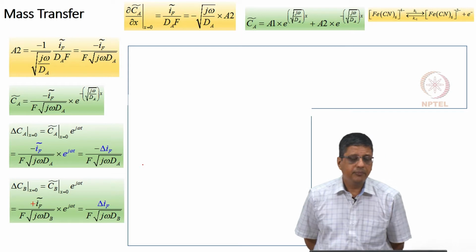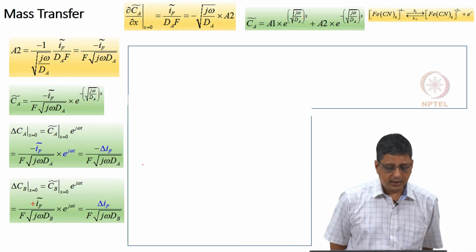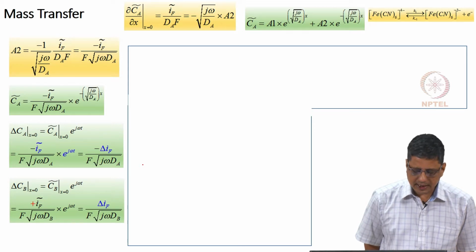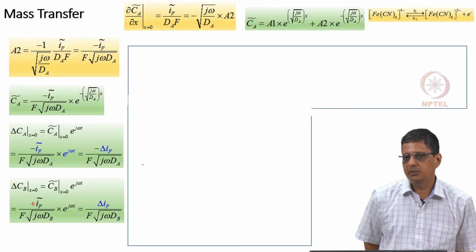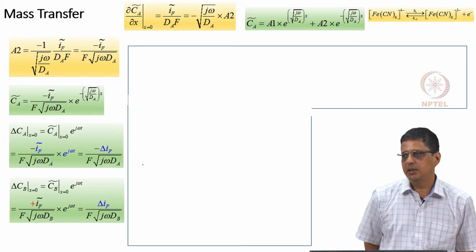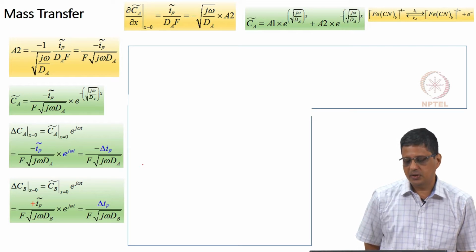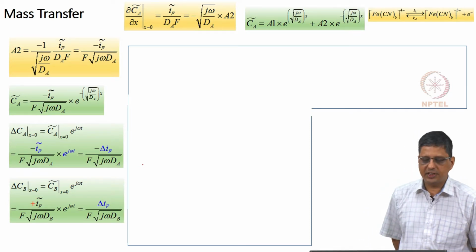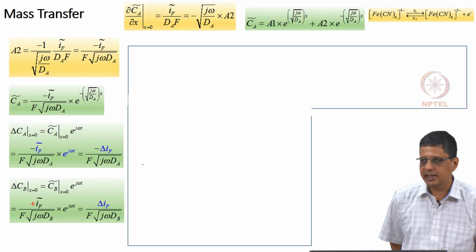Now, del Cb is going to look the same as del Ca, except that it has a negative sign, because the boundary condition says IF by nF equals minus DB dou Cb by dou x at x equal to 0. So if you go through the derivation, it will look the same except that the sign is different.